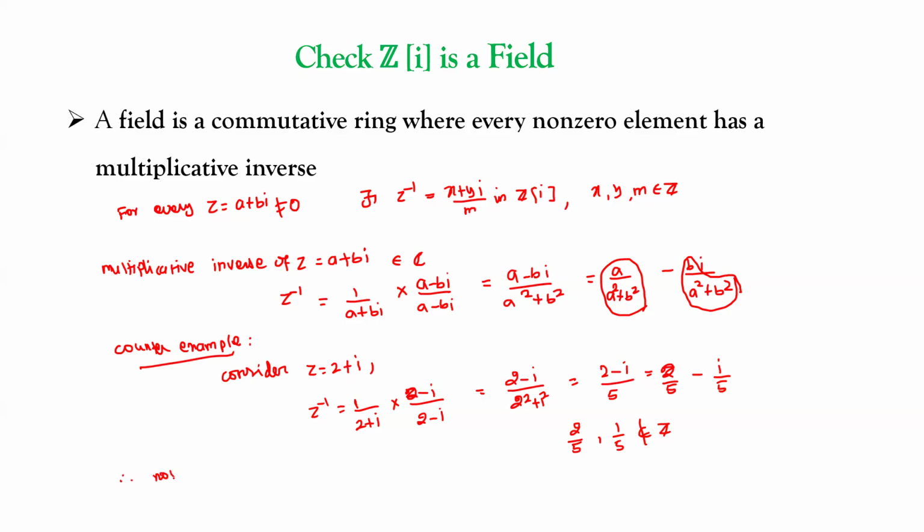Thus, not all elements have inverse in Z of I. Therefore, Z of I is not a field.